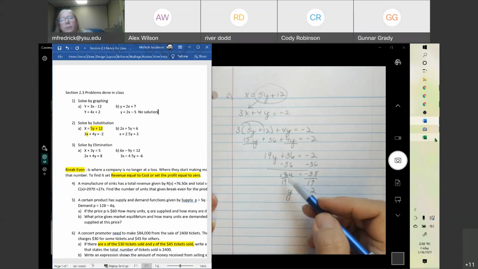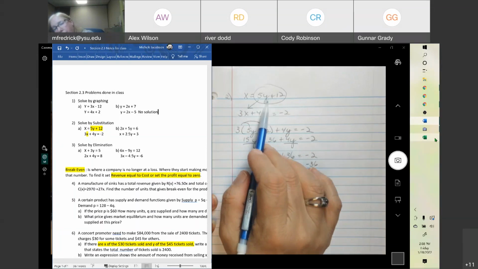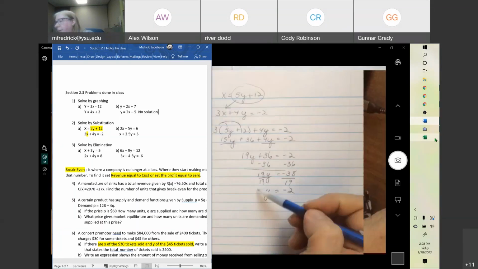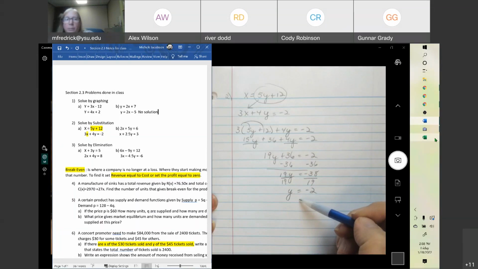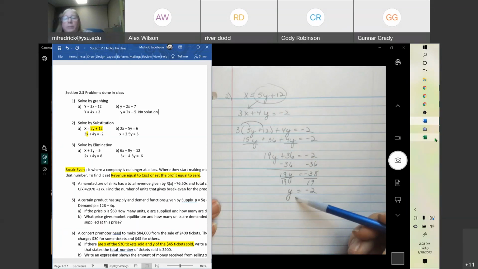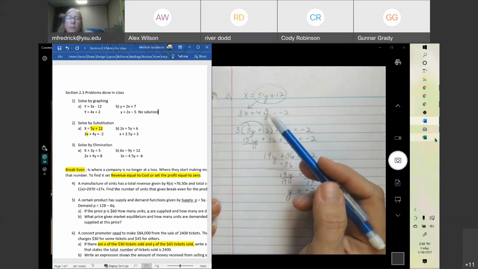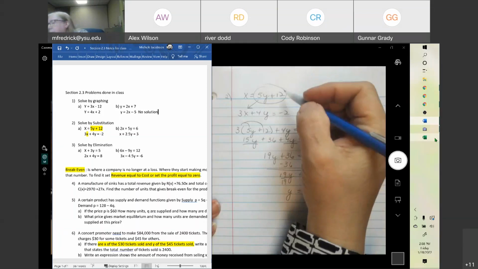Now what you want to be careful of is you're not finished, because you need to find x and y. So whenever you get an answer, always check what that's asking for. In this case, if they want you to find where the two intersect, you need a point, not just a y. You can plug it into either one of the original equations. I'm going to plug it into the top one.